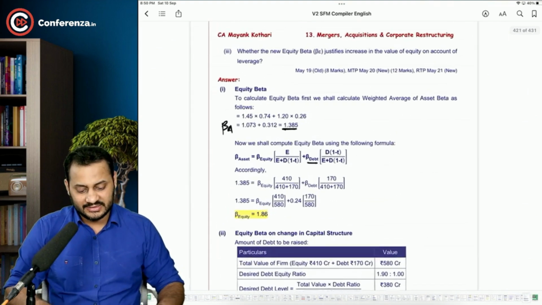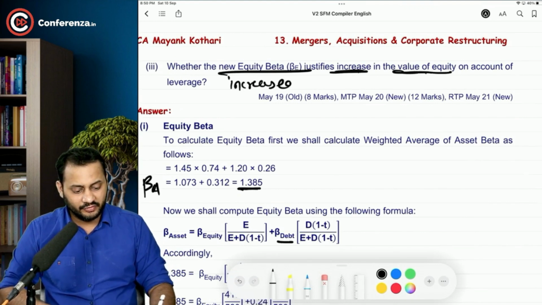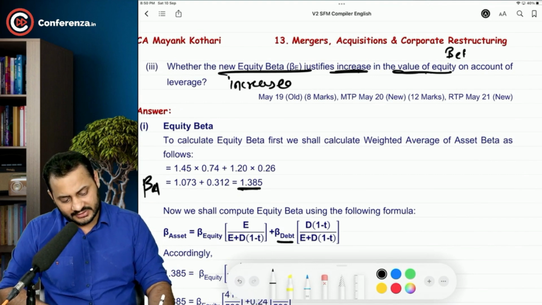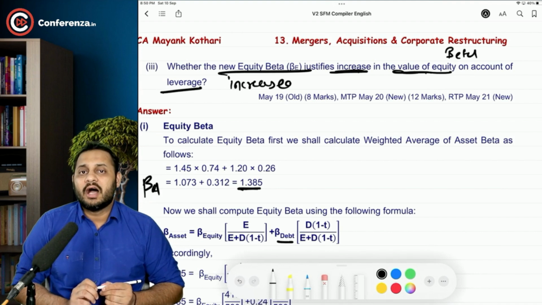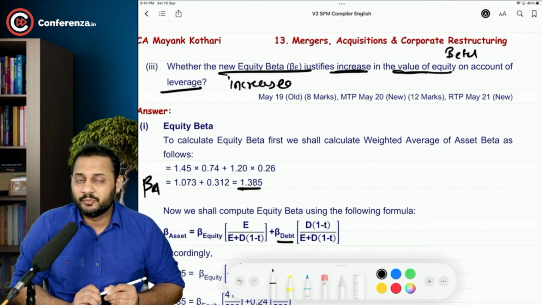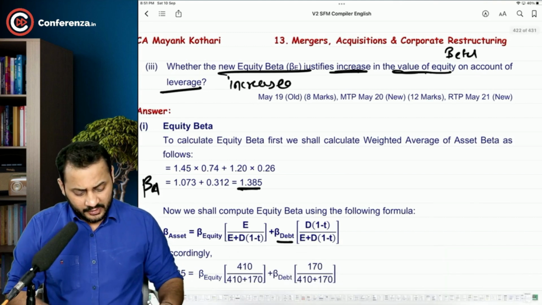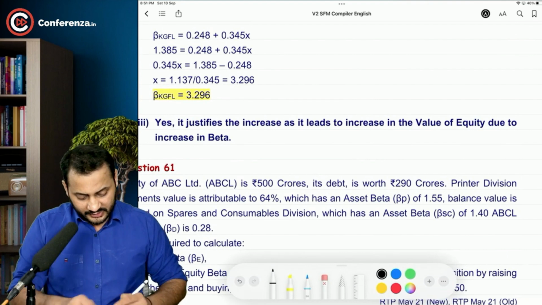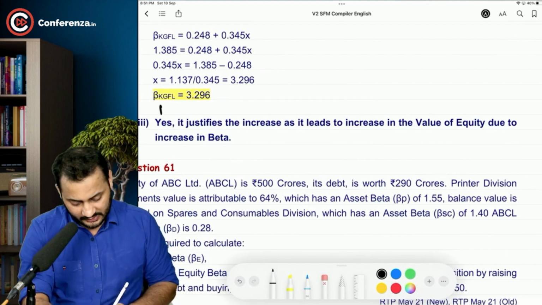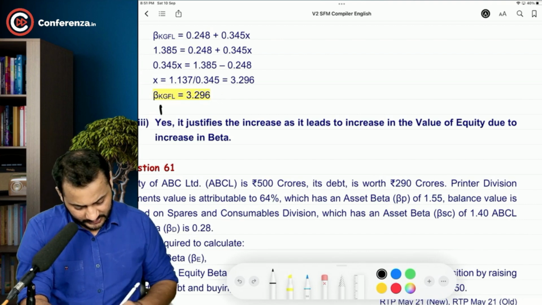The third question says whether the new equity beta, that means increased equity beta, justifies the increase in the value of equity beta, we can say, on account of leverage. Yes sir, it justifies the increase because higher debt in the company increases the risk of the equity shareholder. It's very simple. The answer given by the institute will be confusing to you. I will just write down the other format of this answer, the other way we can answer this.